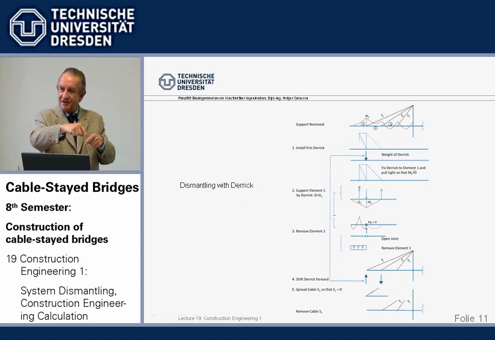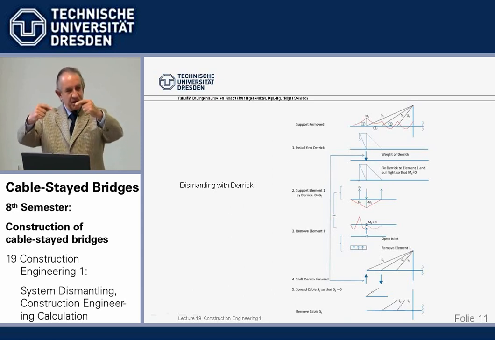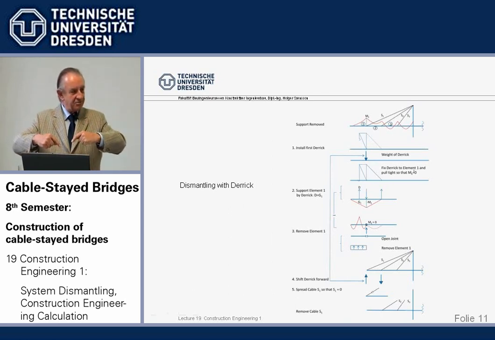And then I have, with the help of the derrick, to remove the first element, move the derrick backwards, next element, cables, move backwards, until I come to the beginning of erection, where I take the derrick off the beam. Just the other way around, calculation-wise, than on site.